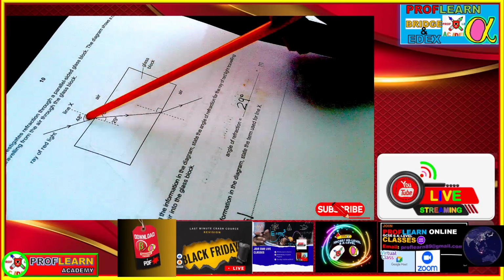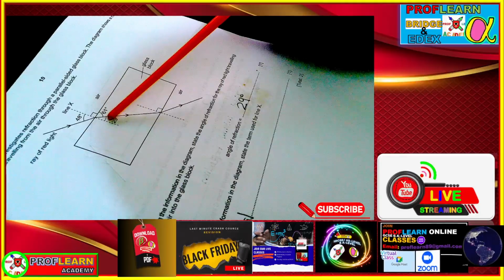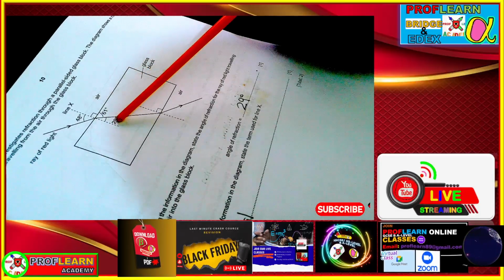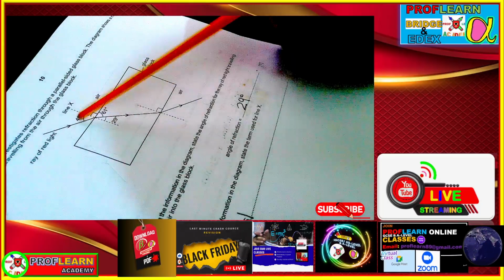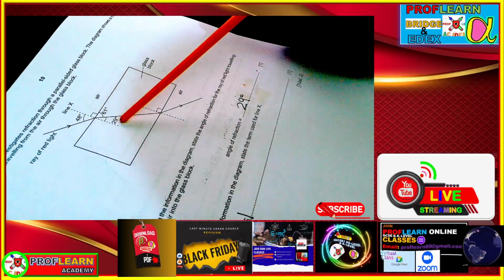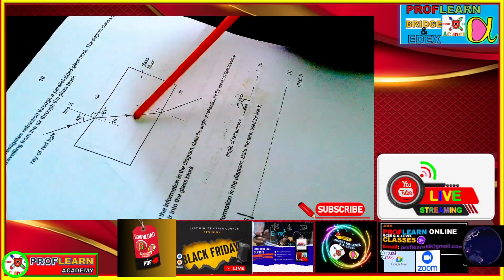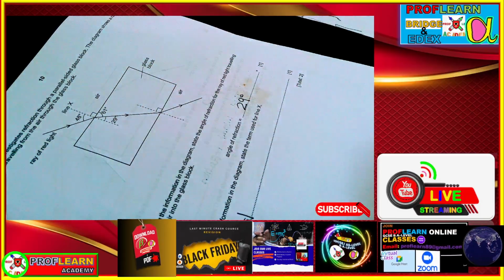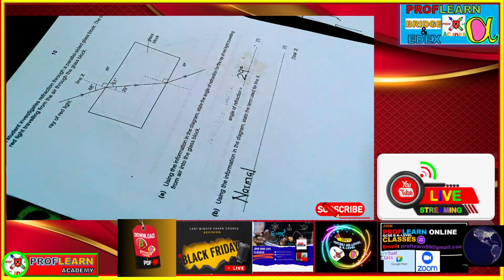So this angle at the top here is called the angle of incidence, but the angle below here is called the angle of refraction. So don't confuse. This is the angle of incidence, and the angle inside the medium as light is moving from air into glass, that is called the angle of refraction, which is 29 degrees.